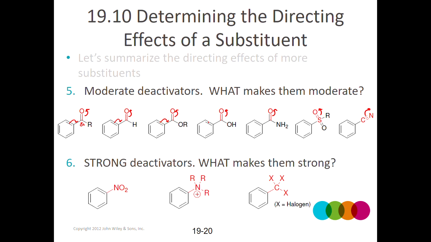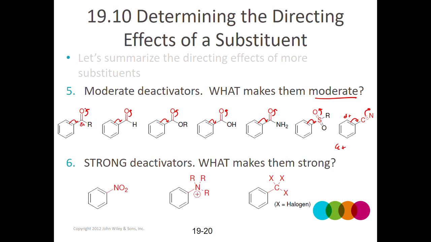And so this is a pretty major electron density being pulled out of the ring, creating a lot of positive there, and that's only going to make it less stable when it starts to connect to an electrophile. All that positive is going to cause a lot of repulsion. So these reactions are less likely to occur. They're higher in energy during the transition state due to the extra positive that causes repulsion. But they're moderate because they're not extremely strongly pulling electrons out of the ring, right?